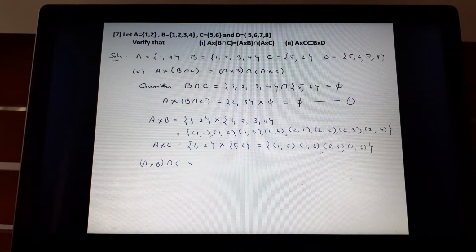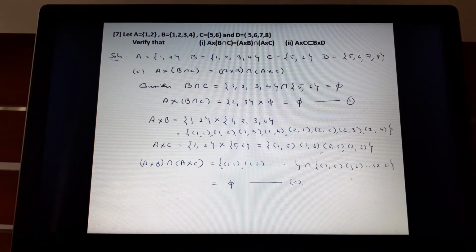So definitely (A cross B) intersection (A cross C) must be equal to this set. You have to write (1,1), (1,2) etc. intersection (1,5), (1,6) etc. (2,6). Definitely you can see this is also pi because no common element. So this is 2.